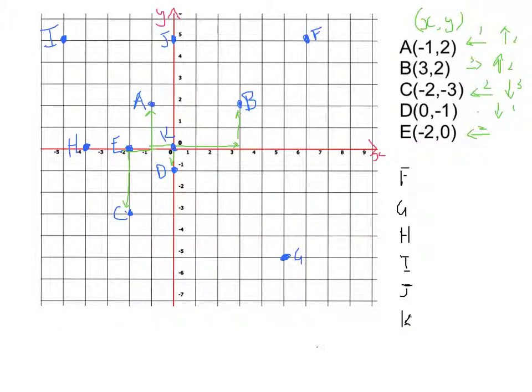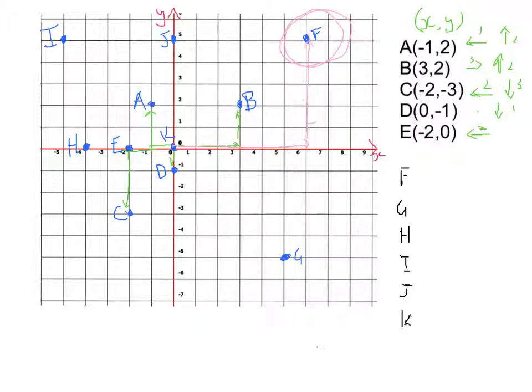Now I've just added some points, and we're going to determine what the coordinates for these points are: F, G, H, I, J, and K. F is up the top here. To get to F from the origin, we need to go across 6, and then we go up 1, 2, 3, 4, 5, up 5.